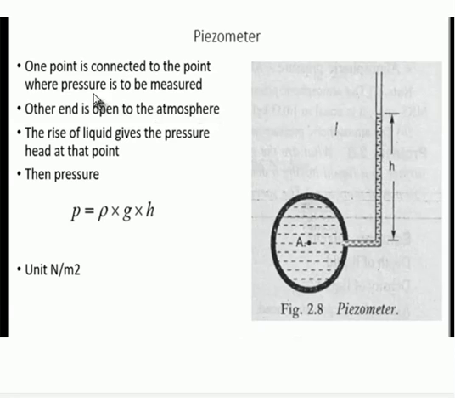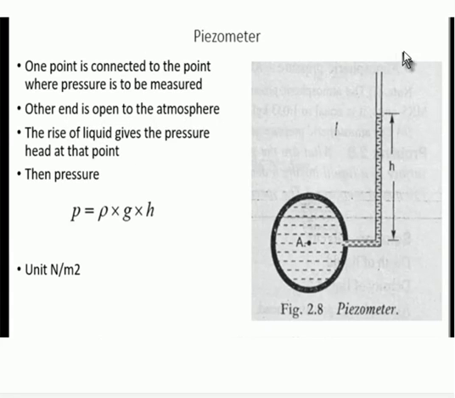Okay, so one end of the column is connected to the point where the pressure is to be measured, and the other end is open to the atmosphere.